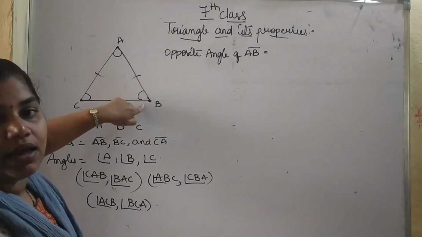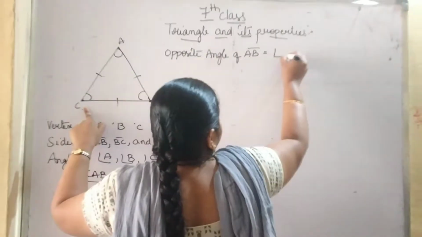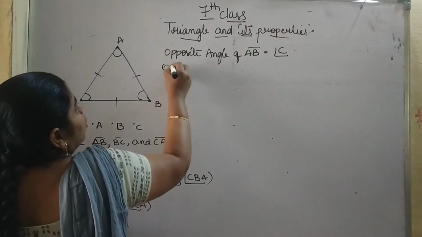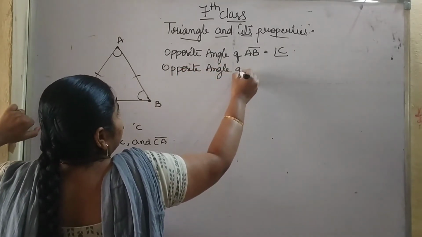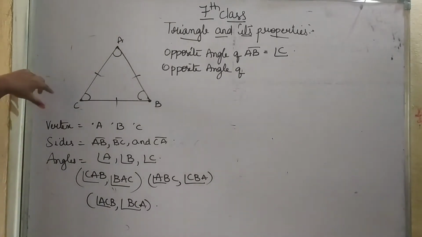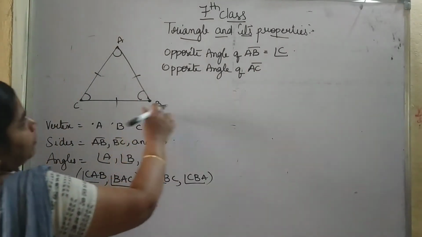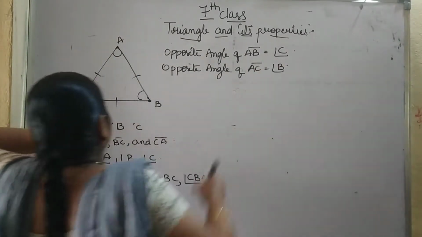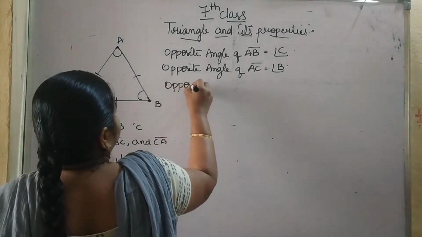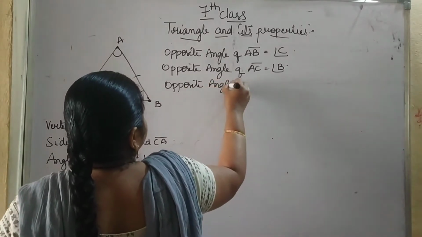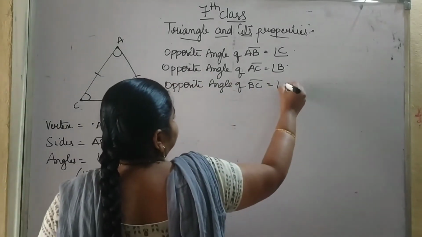This is the AB line segment, and its opposite angle is angle C. In the same way, what is the opposite angle of AC? The opposite angle of AC is angle B. Next, the opposite angle of BC line segment is angle A.